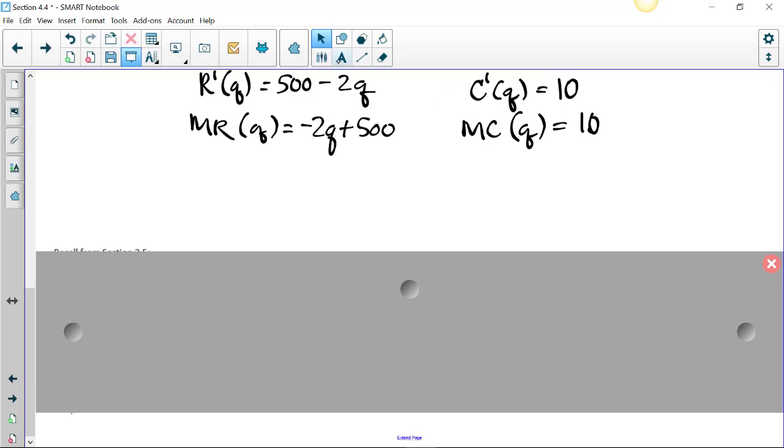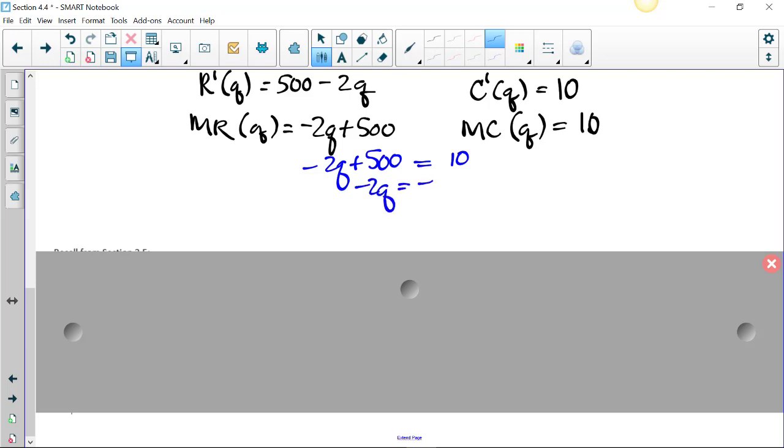Now, if you recall, back in chapter 2 we talked about where marginal revenue and marginal cost are equal. So what happens if I set these two equal to each other and solve? I have negative 2Q plus 500 is equal to 10. So that gives me negative 2Q is negative 490, so Q ends up being 245.